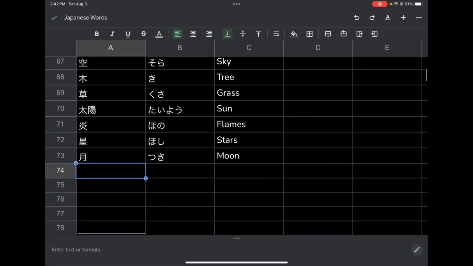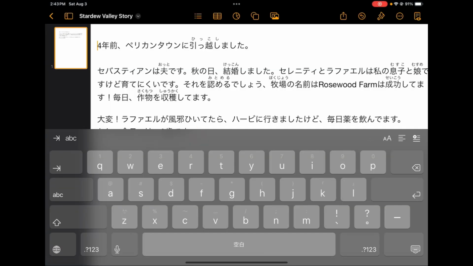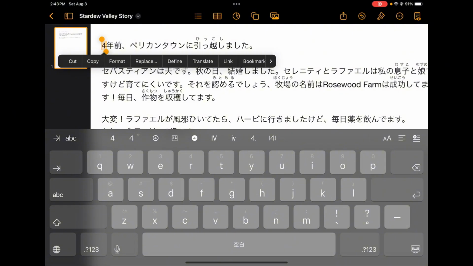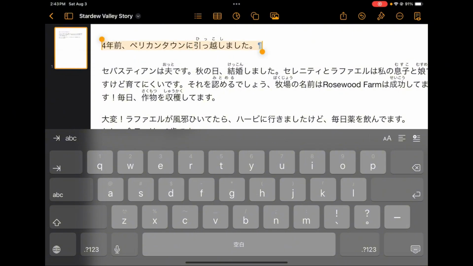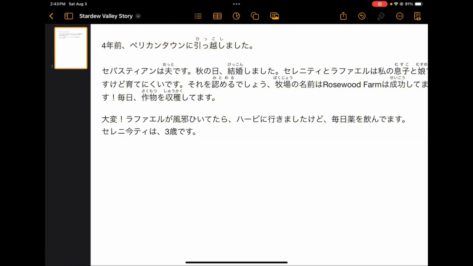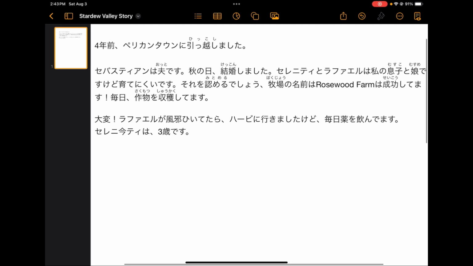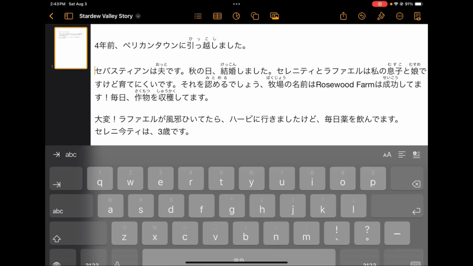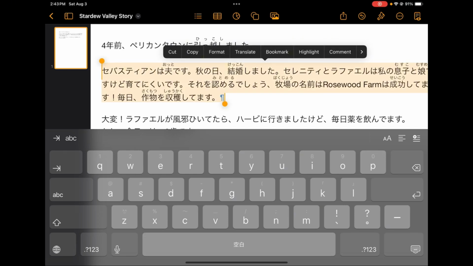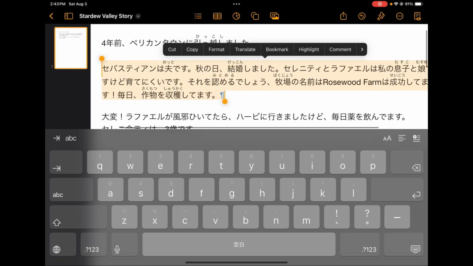And the list just goes on as I study Japanese. So this is just saying 4 years ago I moved to Pelican Town, this sentence. And then I was playing Stardew Valley, so I was writing down what was happening.